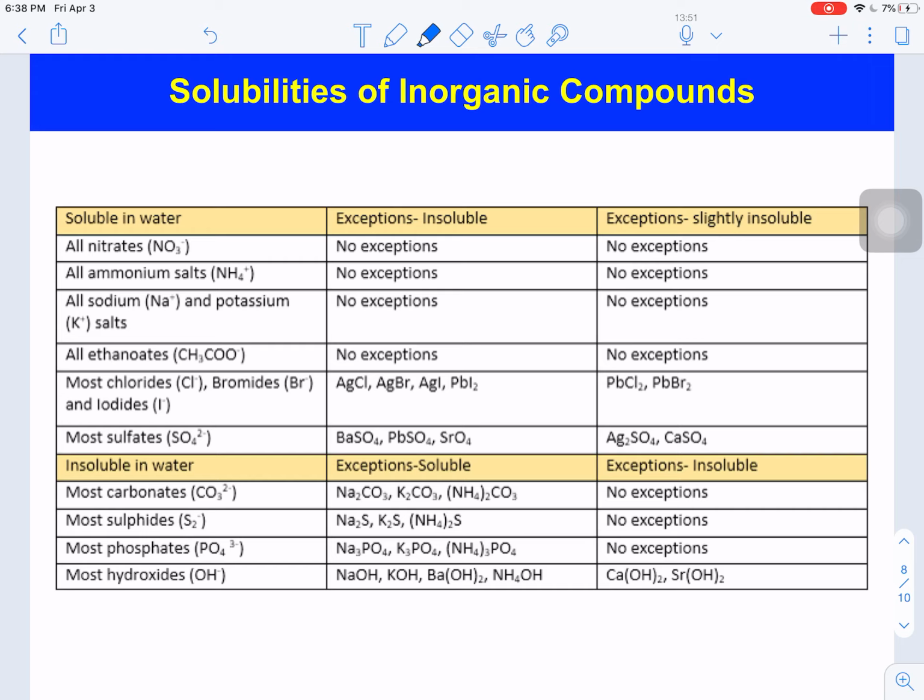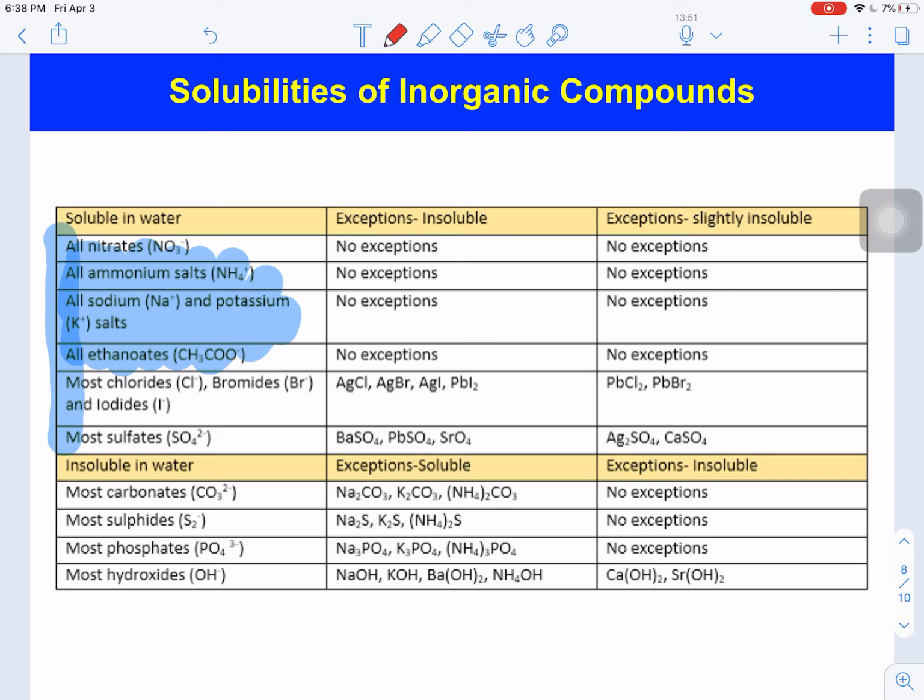So the soluble in water, the top part, it's telling you that all of these compounds here are usually soluble in water. These first four here, the nitrates, ammonium salts, sodium, potassium, and ethanates, those are always soluble in water, no exception. So if you ever see that sort of compound with a nitrate or something like that, you know it's going to be aqueous because it is soluble in water.